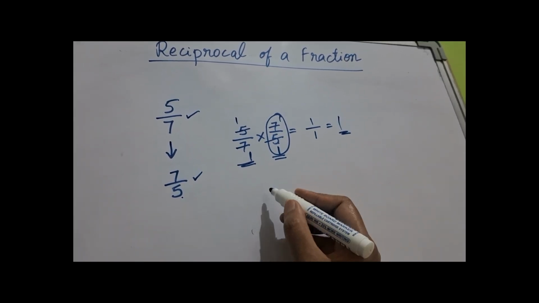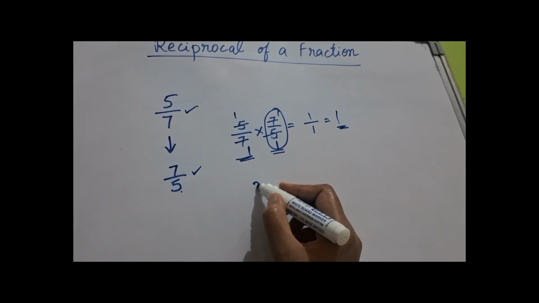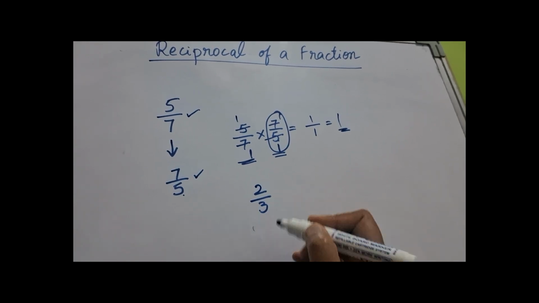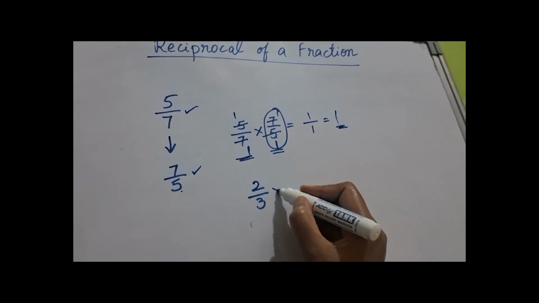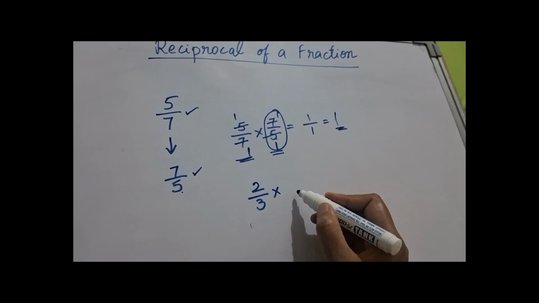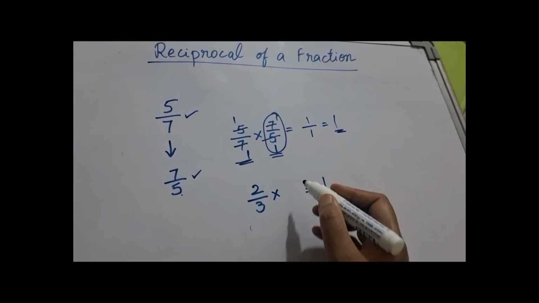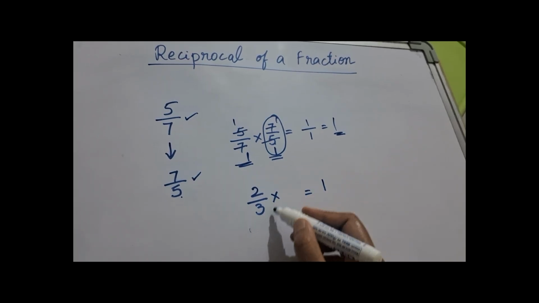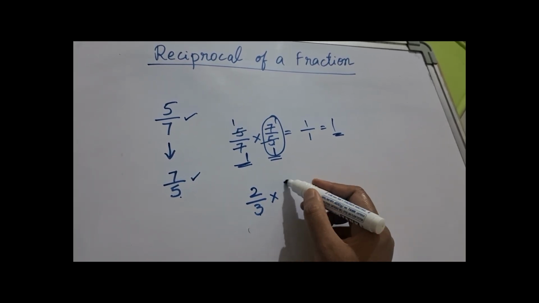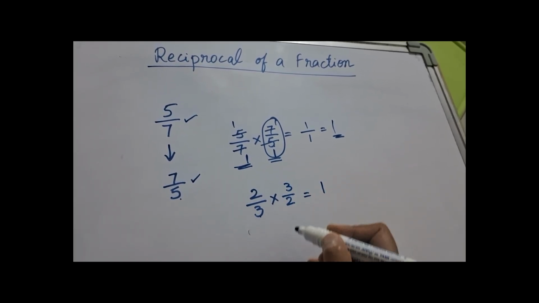For example, we'll take another example. Suppose 2 by 3 is there. Now 2 by 3 is multiplied by what to get 1? Obviously, the reciprocal of this one, that means 3 by 2. Okay children.